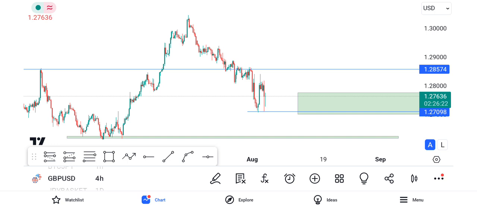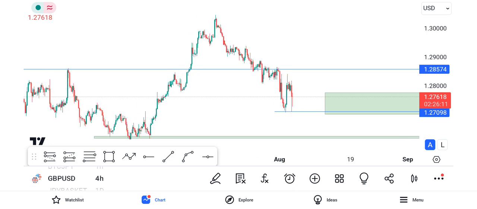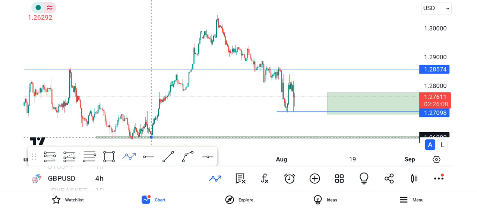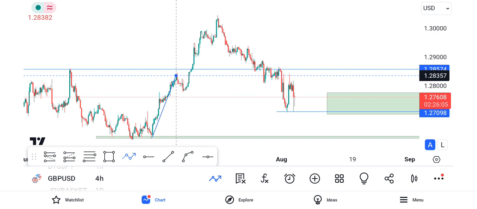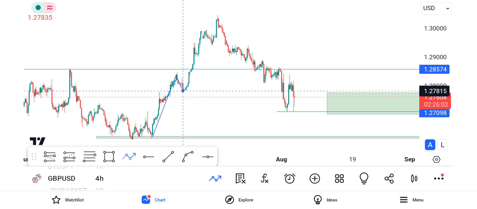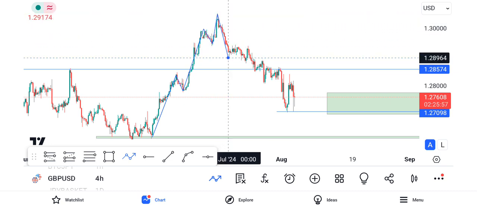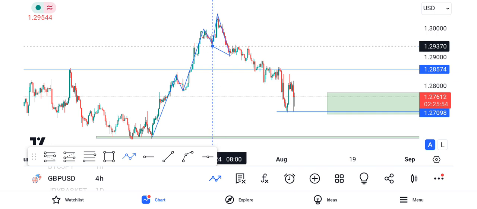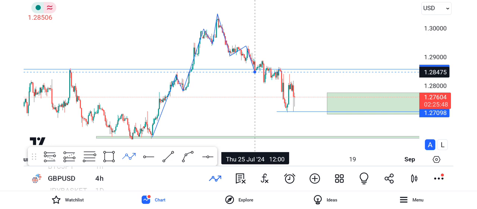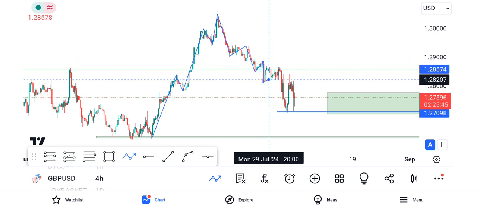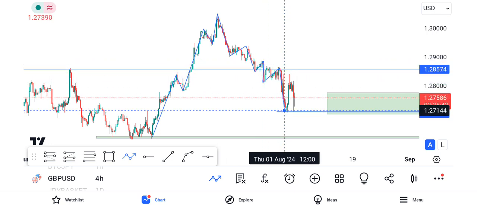But the current trend right here on the 4-hour is bearish. You can see a series of lower lows and lower highs, and even before that point we can see this market was bullish right here: higher low, higher low, higher high, higher low, higher high, and then price eventually broke below this higher low, shifted its momentum into a downtrend, and then started trading down, lower high, lower low, lower high, lower low, you see.